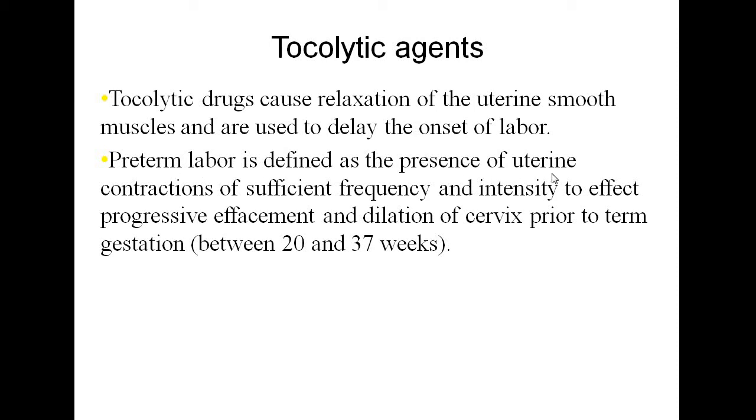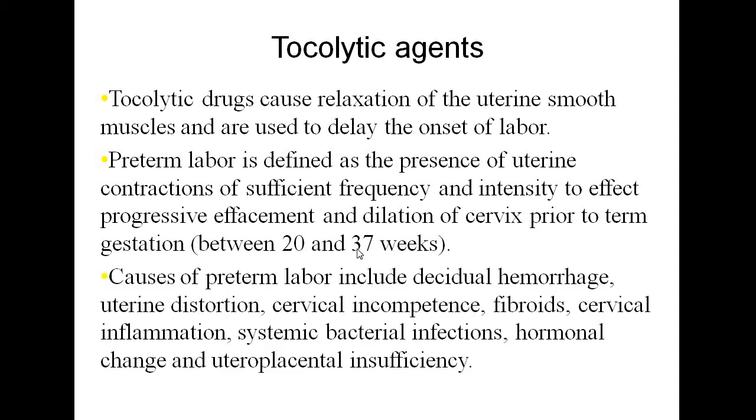It is the presence of uterine contractions of sufficient frequency and intensity prior to term, that is between 20 and 37 weeks. These are some of the causes of preterm labor: residual hemorrhage, fibroids, uteroplacental insufficiency, systemic bacterial infections, and uterine distortion. So in such cases, labor has to be delayed so that the fetus can complete its duration of term.